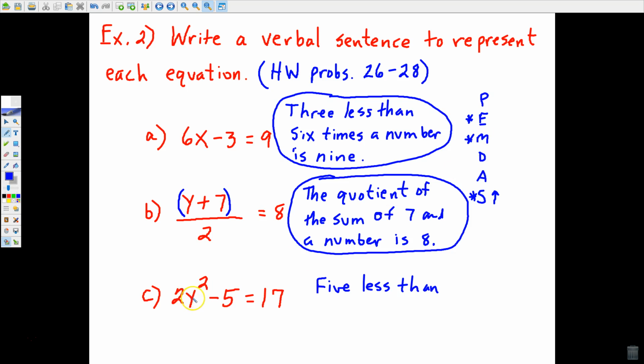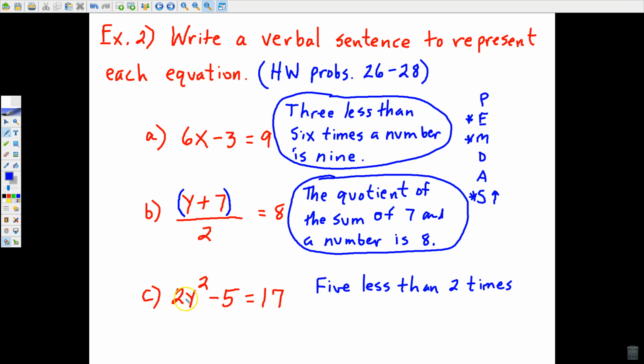How do we use words to indicate multiplication? We use the word times, or you could say the product of. I'm just going to say 2 times. Okay, that's easy enough.